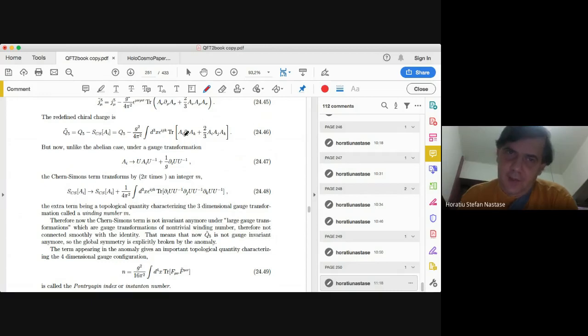More precisely, if you plug this in and do the algebra, the Chern-Simons action goes to the Chern-Simons action plus 1/(4π squared) times the integral over space of ε^{ijk} times the trace of ∂_i U U^{-1}, ∂_j U U^{-1}, ∂_k U U^{-1}. But this extra term is a topological quantity that depends on the topology of this gauge transformation U, called the winding number n.